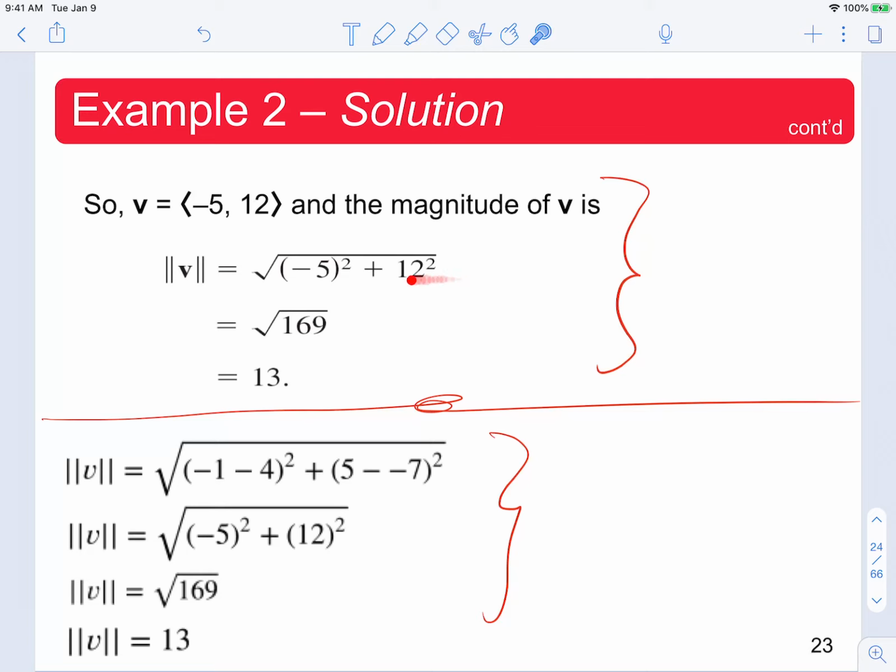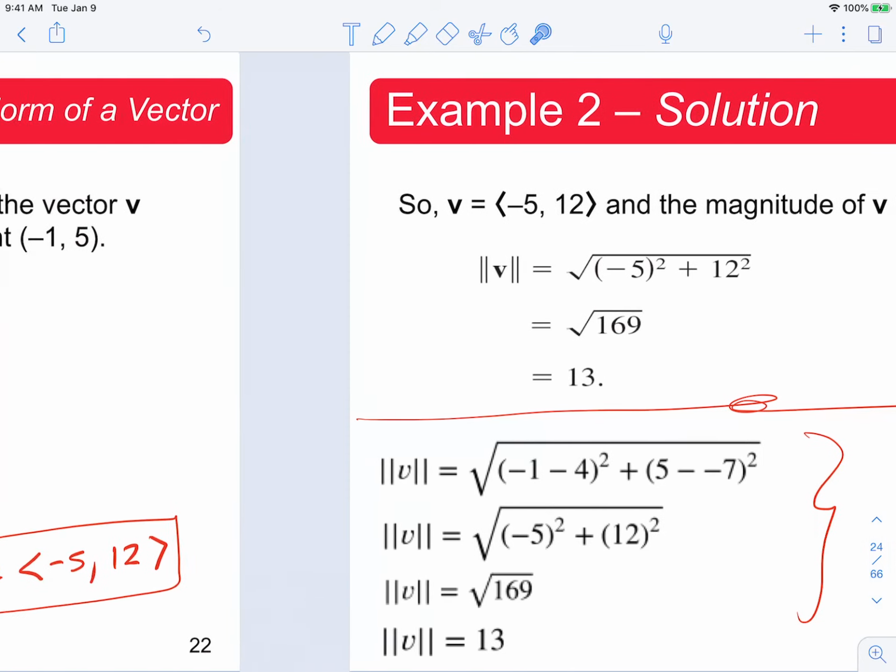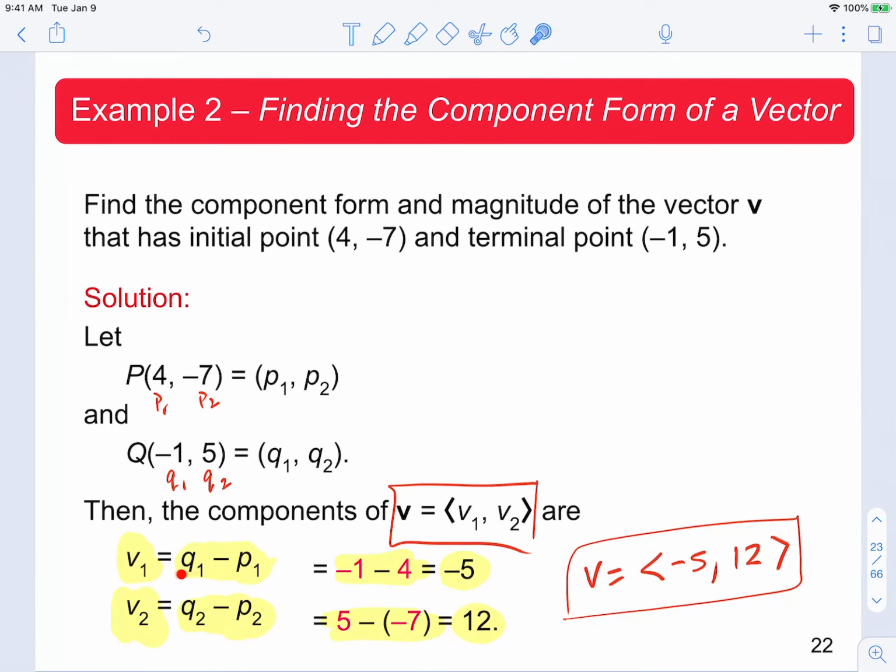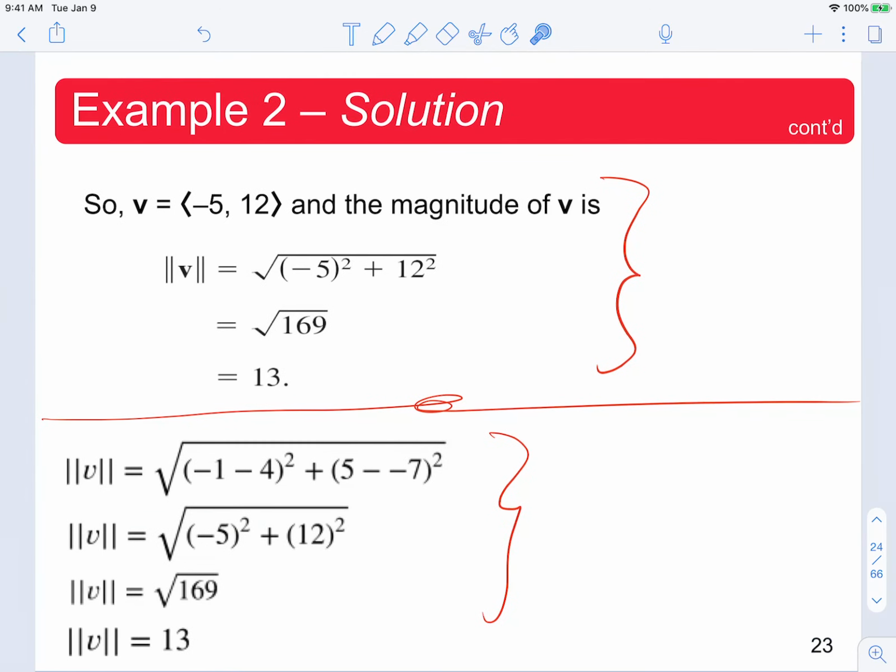Now, the reason it doesn't look like the distance formula is that we already subtracted these two points out. We already subtracted these, and so we got -5. -5 squared is 25, plus 12 squared is 144. 25 and 144 is 169, and the square root of 169 is 13.